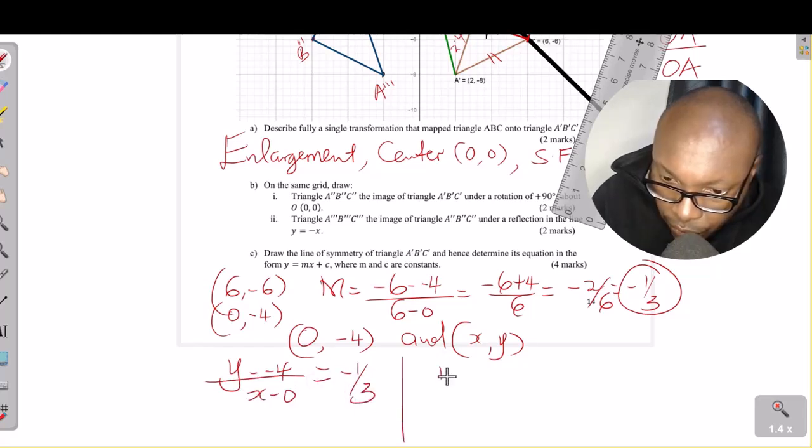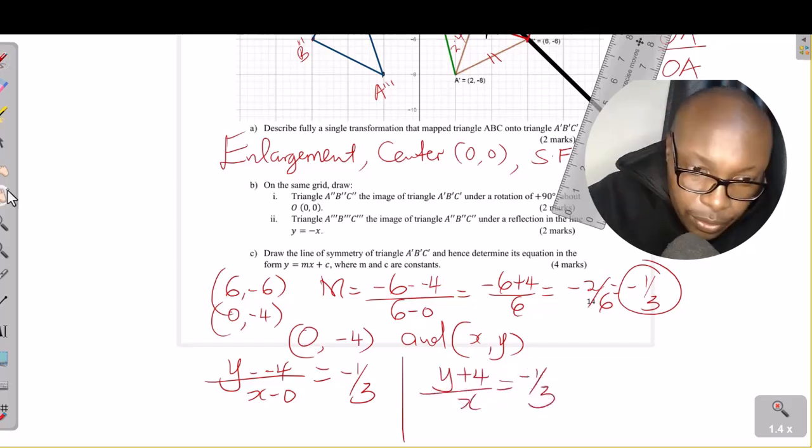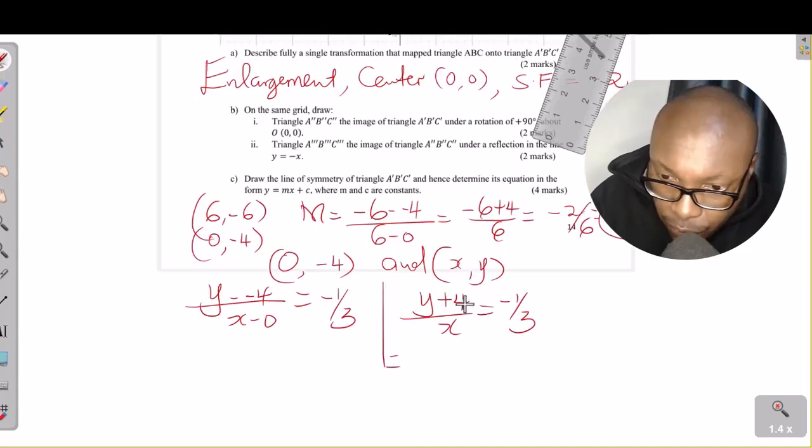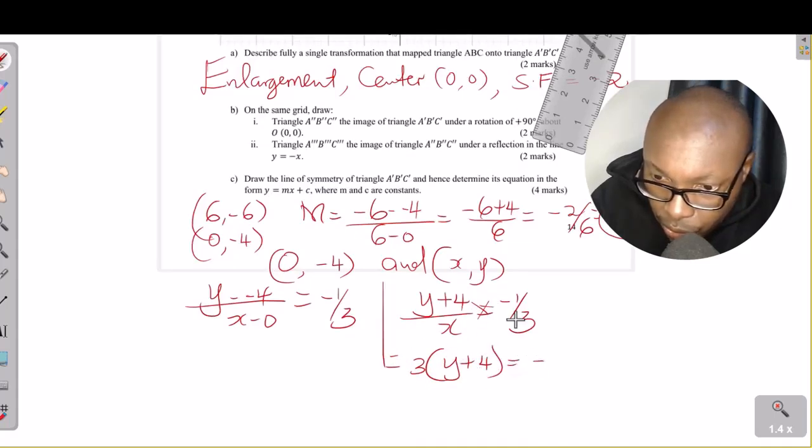So this will give y plus 4 divided by x is equal to -1/3. If you cross multiply, you get 3 multiplied by (y plus 4) is equal to -1 times x, that is -x. So this will give 3y plus 12 is equal to -x.